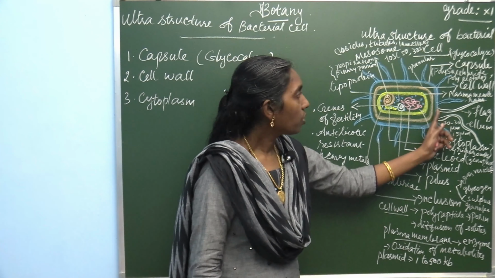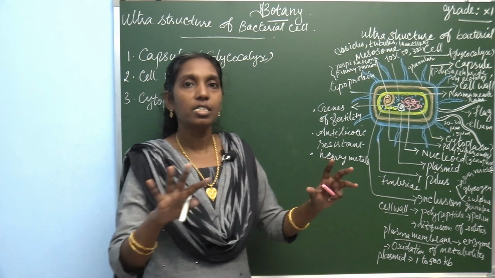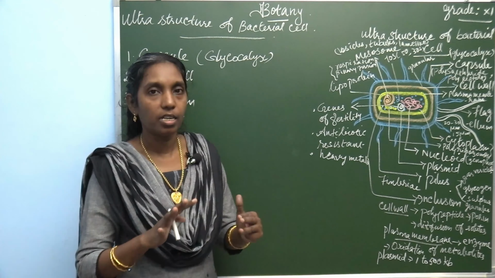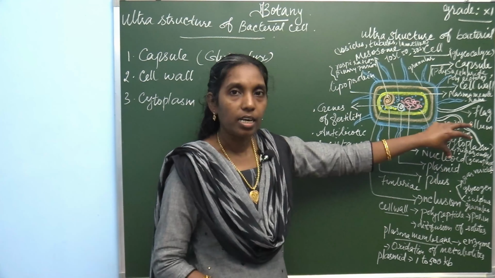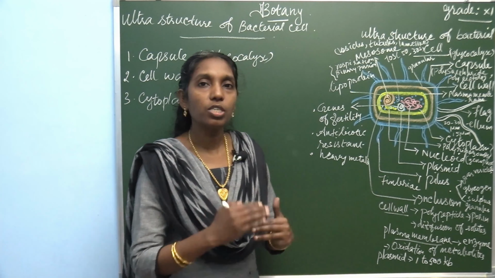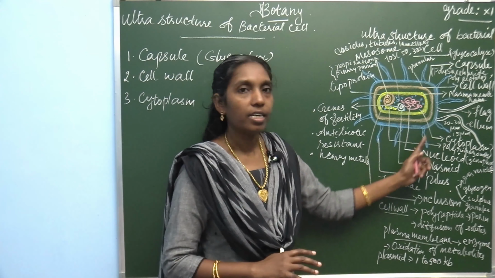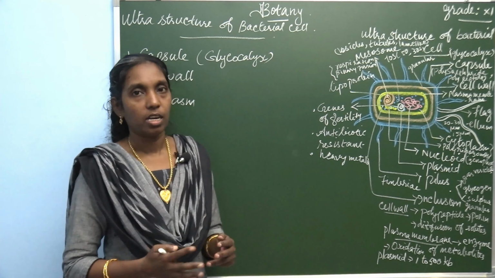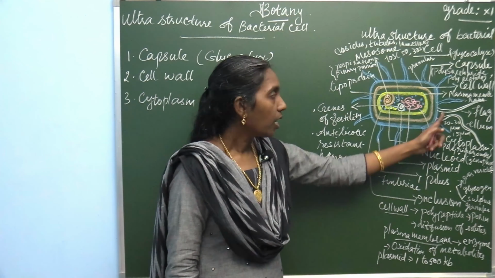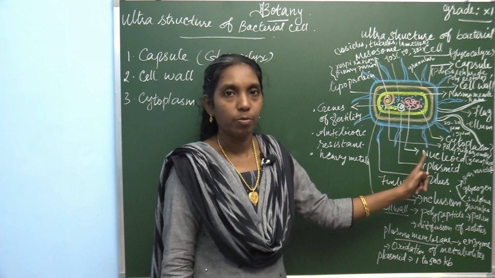That's the function of this capsule. So capsule is the gelatinous layer or sheath, sticky in nature, and it protects the cell. What's the function? It protects the cell from desiccation and antibiotics.